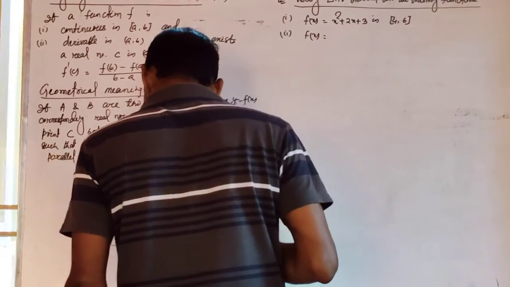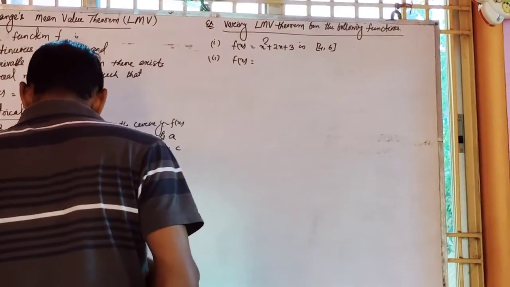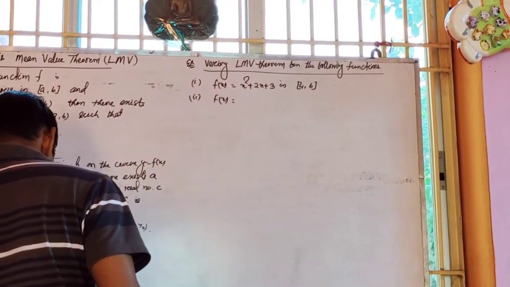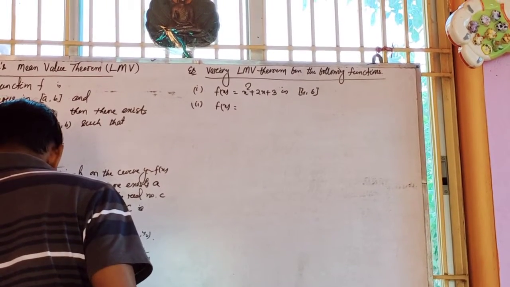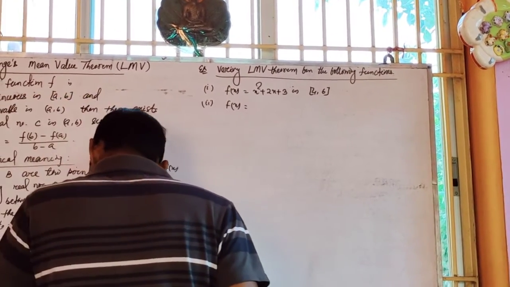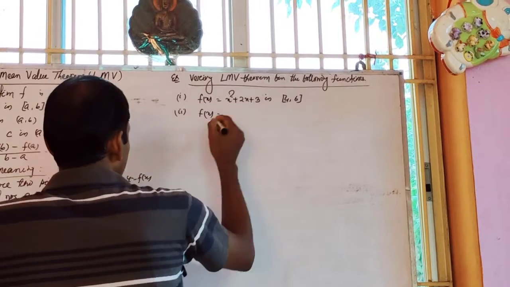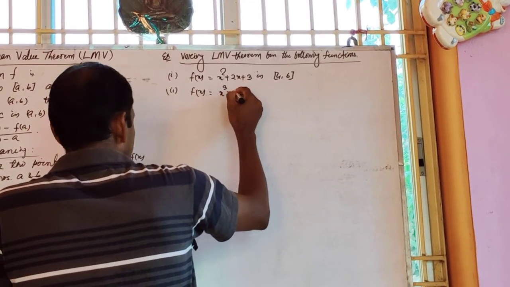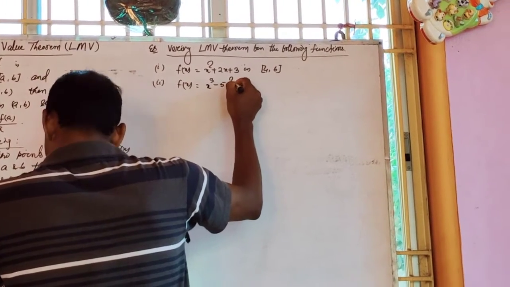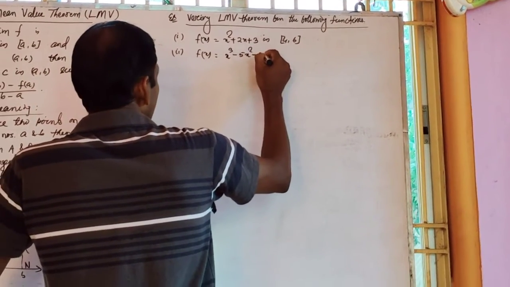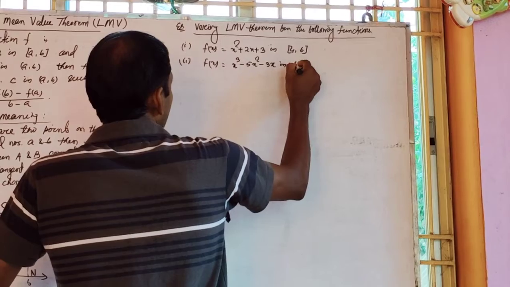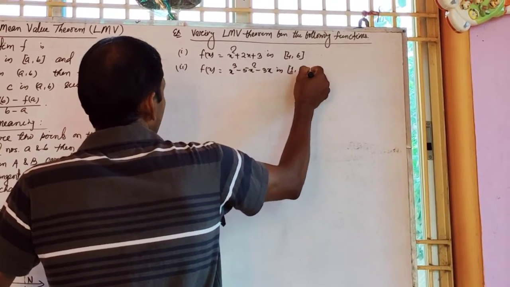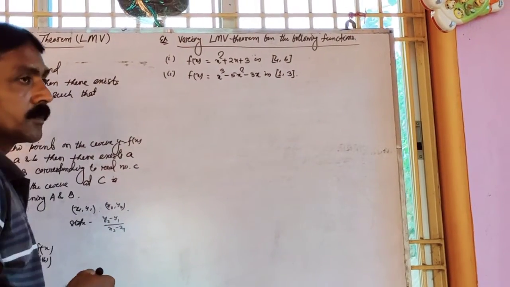And second, f of x equal to x cube minus 5x square in the closed interval [1, 2].